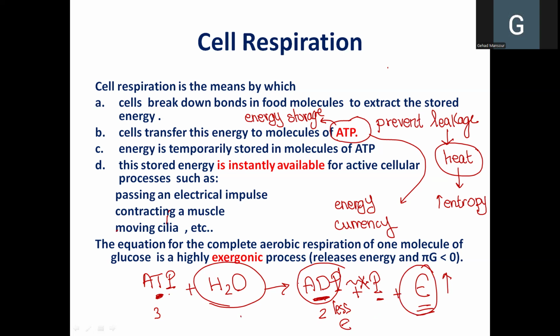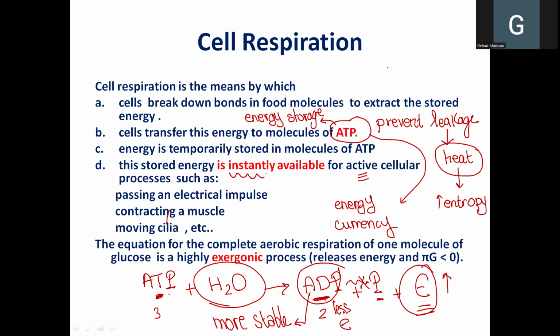And because ADP has less energy than ATP, we say that ADP is more stable than ATP. So ATP is more useful to the cell because it contains more energy, but concerning biochemical stability, ADP, having less energy, is more stable than ATP. This stored energy inside ATP is instantly available for the active cellular processes, and active means requiring energy.